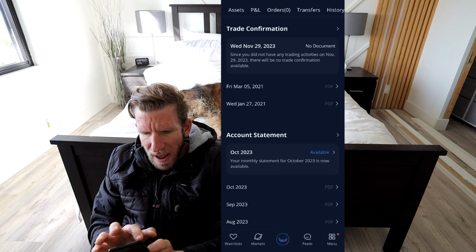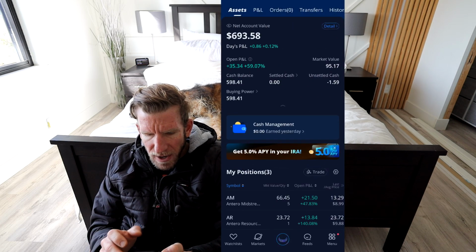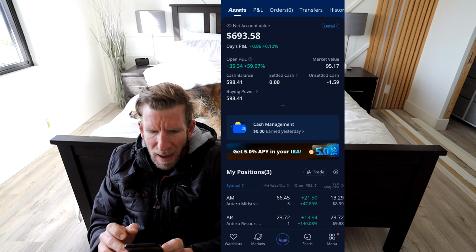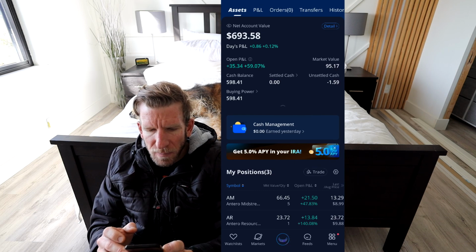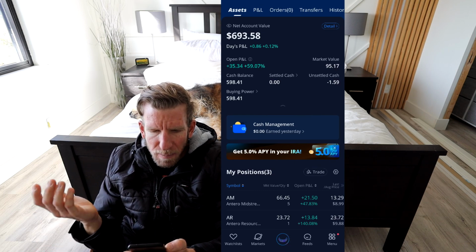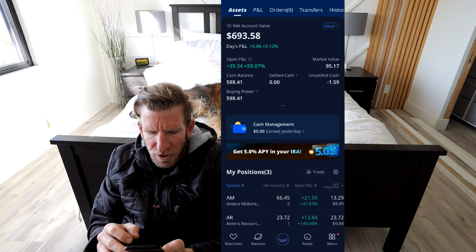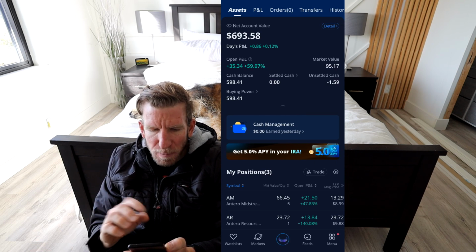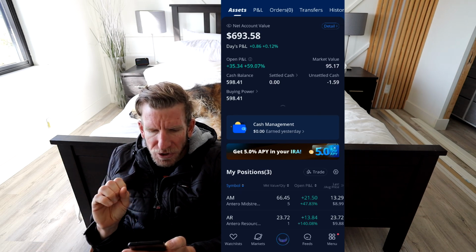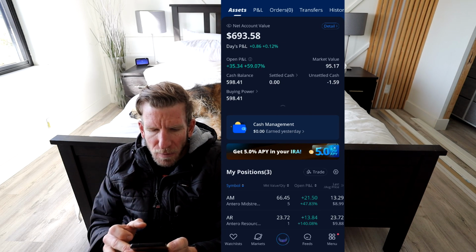And now let's go back to my assets right here. You just hit the middle Webull logo in the bottom middle of your screen and you can go back to your net account value. Now, obviously it's jumped up because of my cash deposit as well. So you're seeing my cash balance right there at the top of your screen. Cash balance is $598.41. Unsettled cash is $1.59.